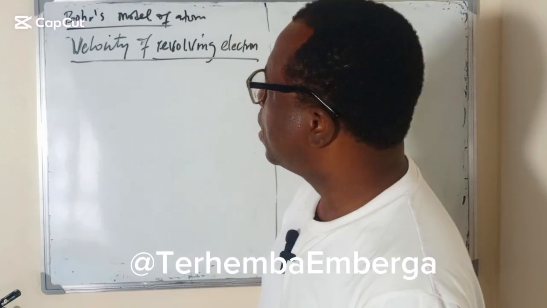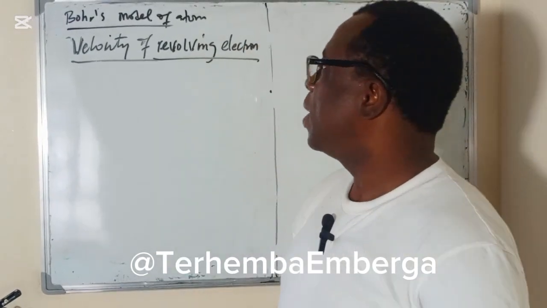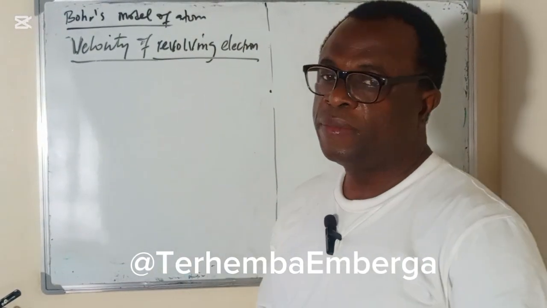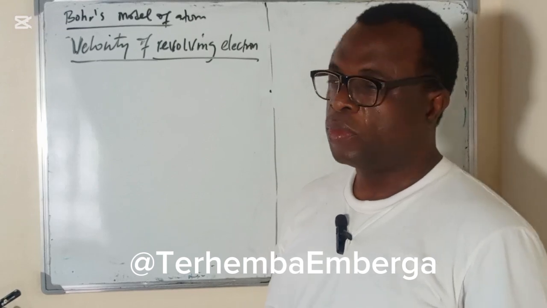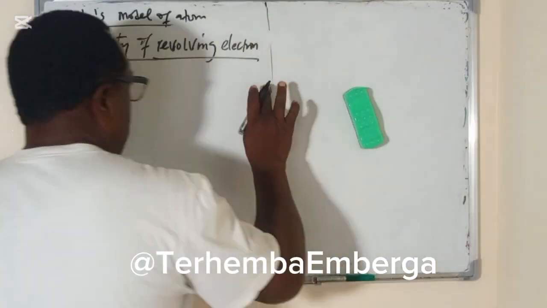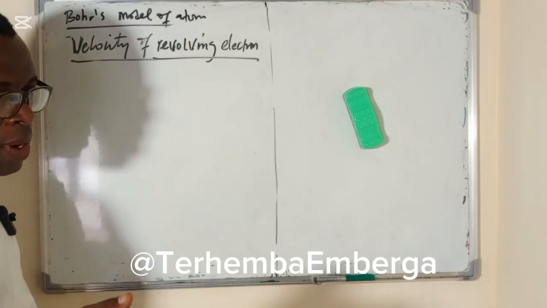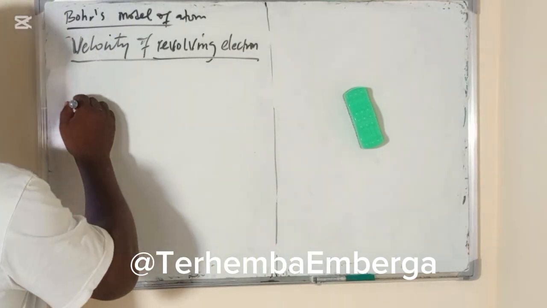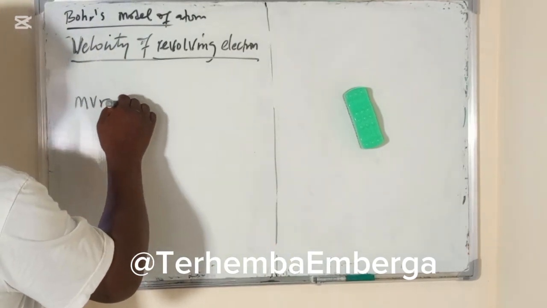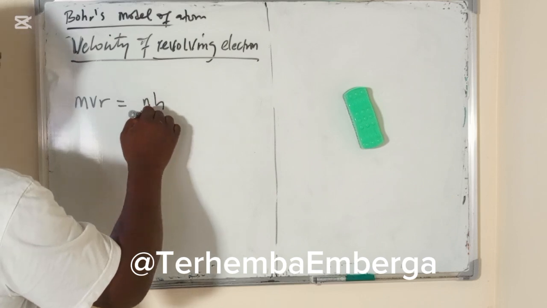Okay, we'll be looking at how we can calculate the velocity of a revolving electron. So we know that for the orbital angular momentum, we have mvr equal to nh all over 2 pi.